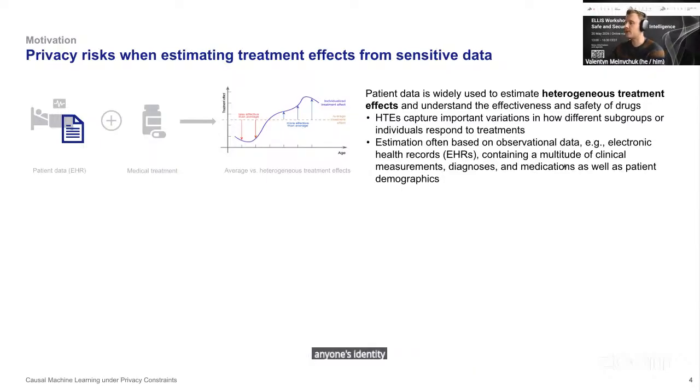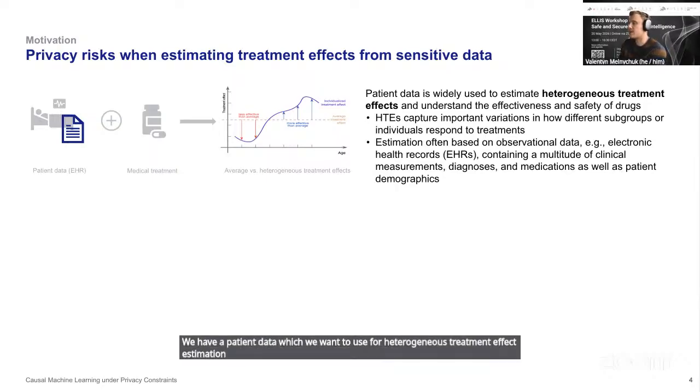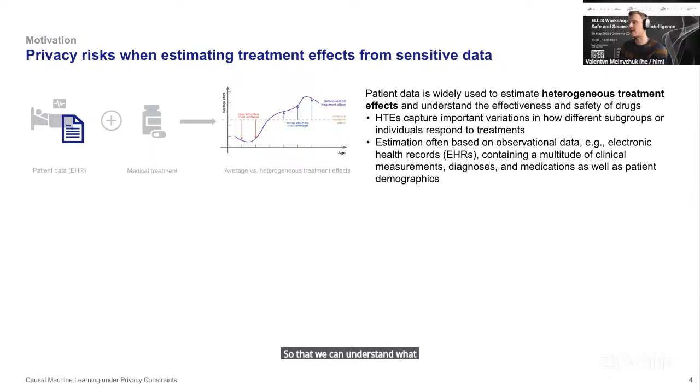Consider the following problem. We have patient data which we want to use for heterogeneous treatment effect estimation, so that we can understand what drugs are effective for what parts of the population.